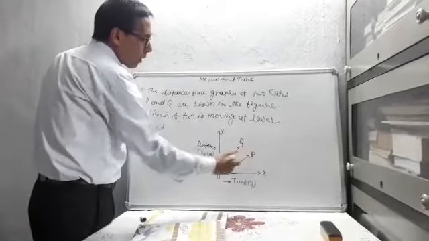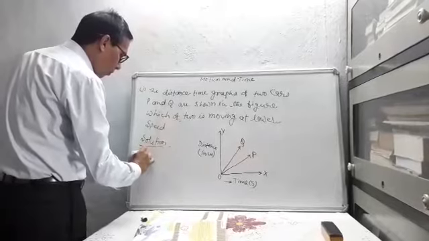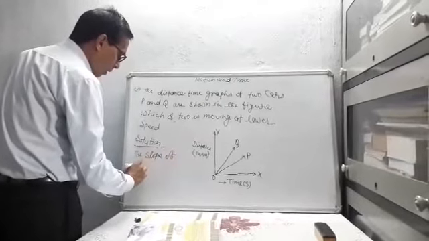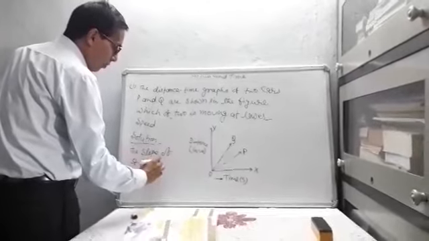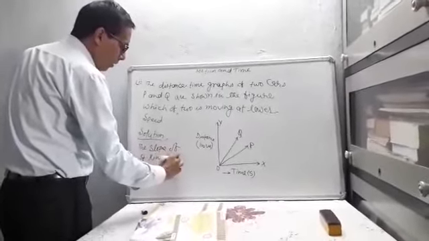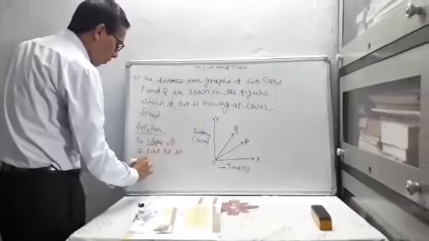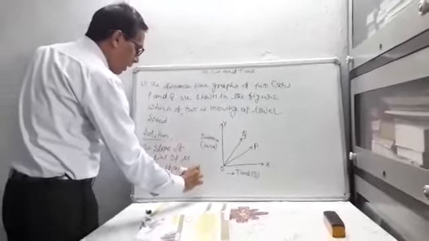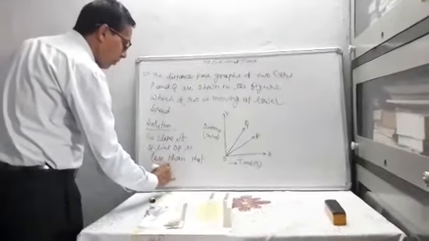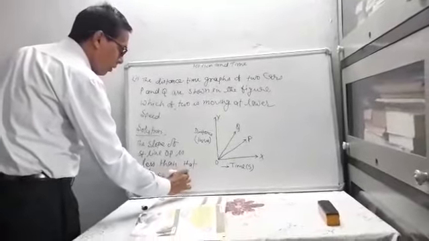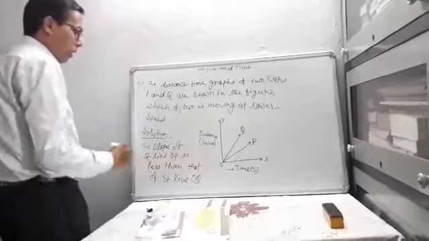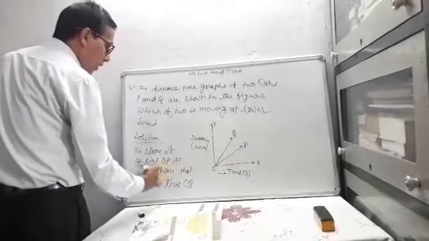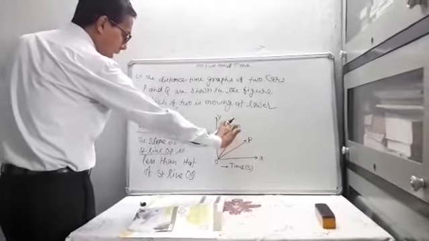So in this graph, the slope of the straight line OP is less than that of the straight line OQ.